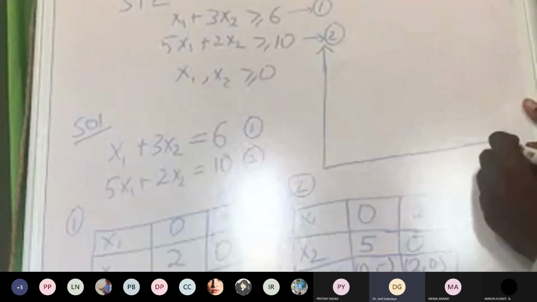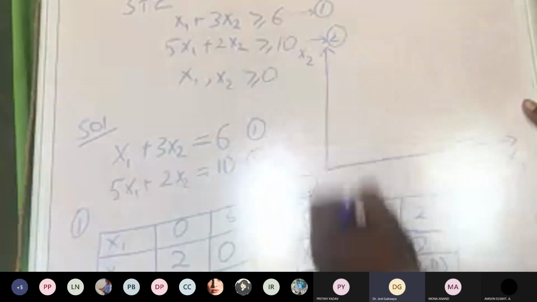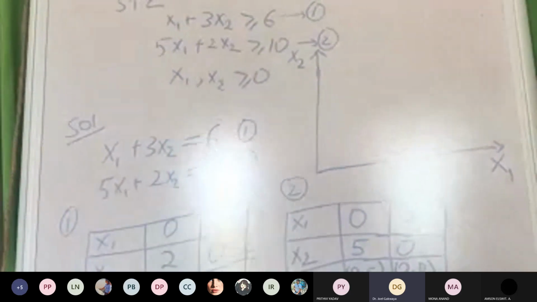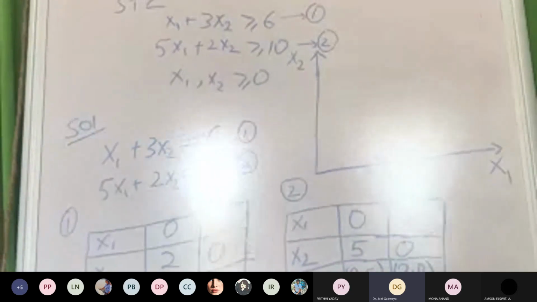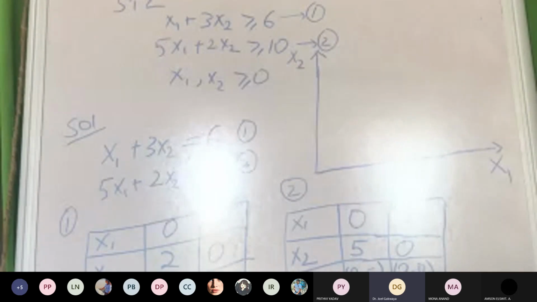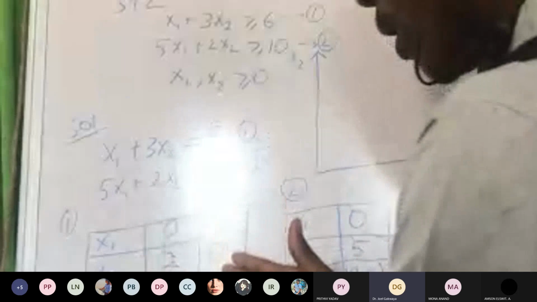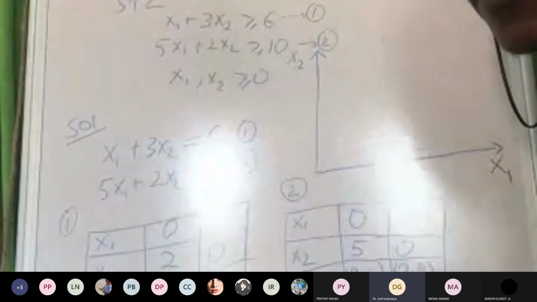Now, this is the x1 axis, and this is going to be the x2 axis, all right? So what we're going to do is place our points on our coordinate. As I told you yesterday, when you look at your points, you can keep any interval.